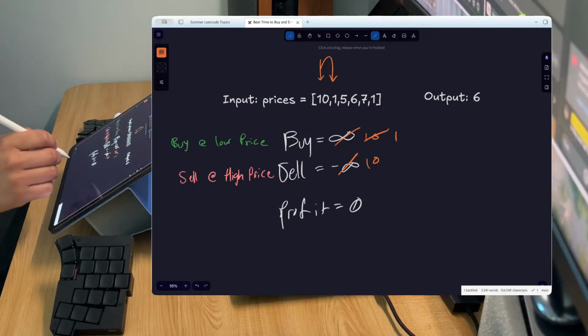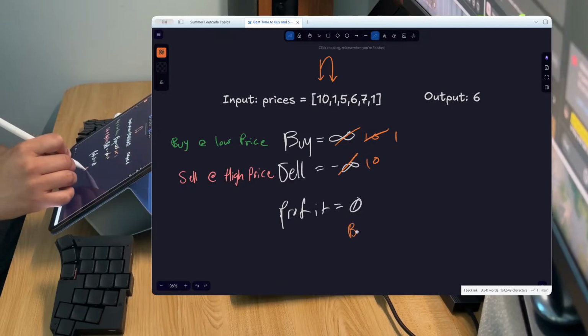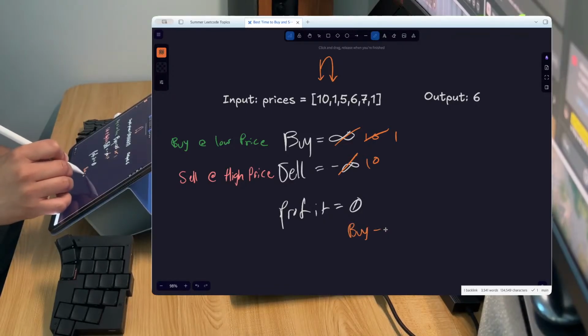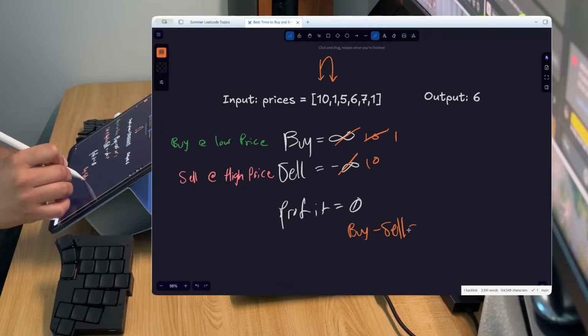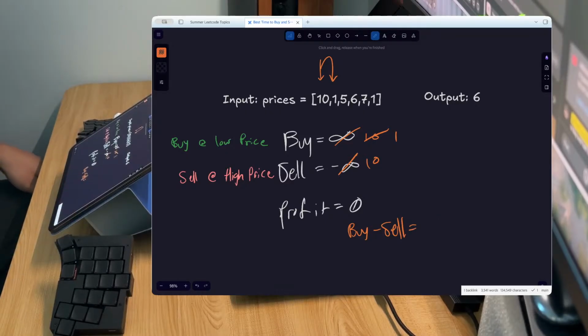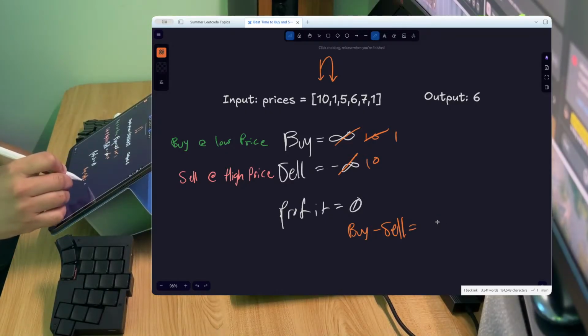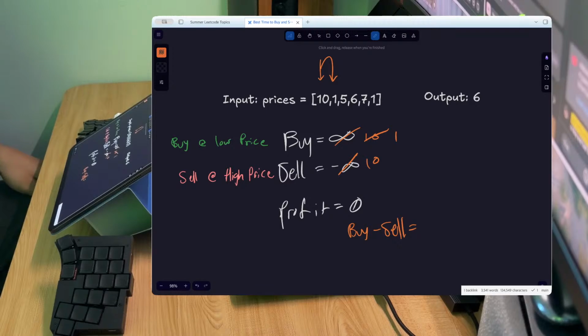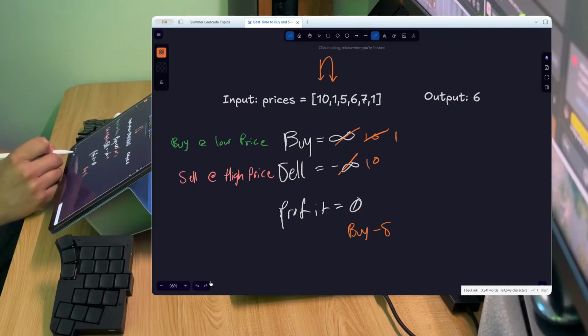Let's see. What do we do? Actually, it's buy minus whatever i is.